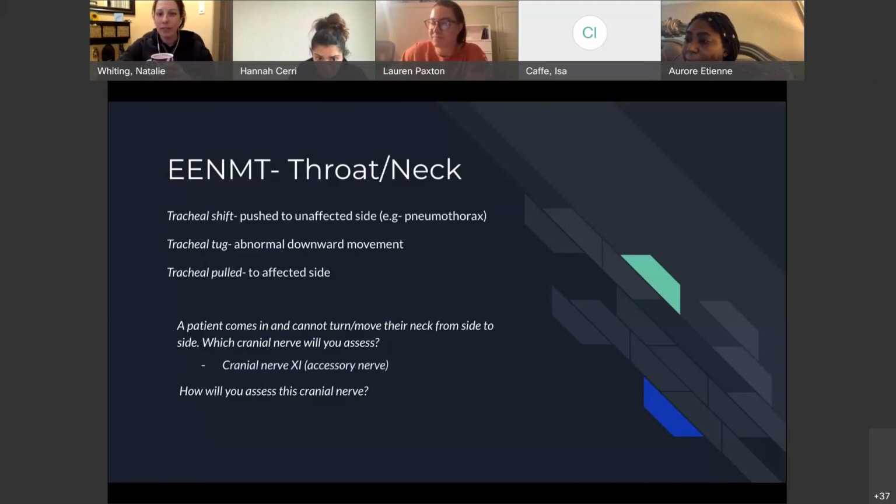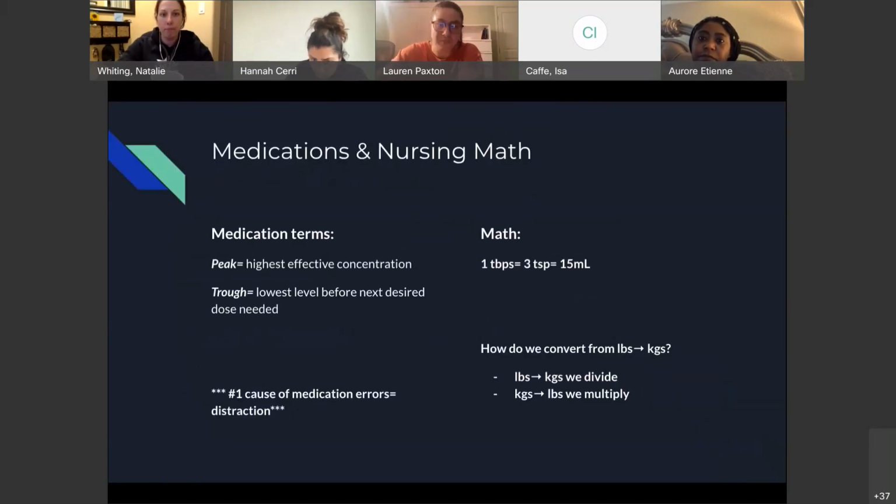So cranial nerve 11, the accessory nerve. How will you assess this cranial nerve? Shrugging of shoulders and turning the neck. So, yep, you're going to have them shrug their shoulders. Good job.